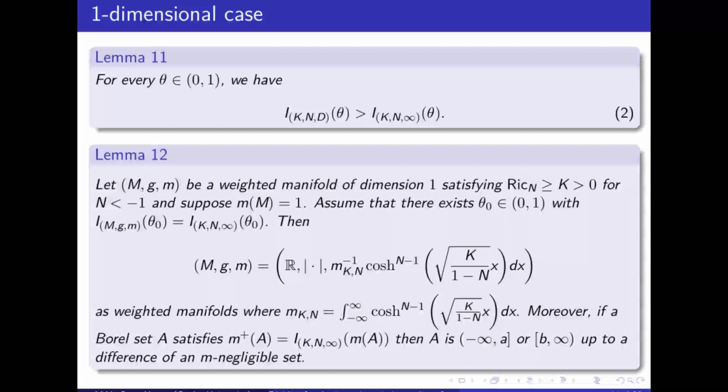if a manifold of dimension 1 satisfies the positive curvature bound for n smaller than minus 1, and we also normalize the volume to be 1, and we assume furthermore that there exists a volume parameter theta 0 such that the isoperimetric profile attains the lower bound, then the manifold must be isometric to the one-dimensional model space M1.